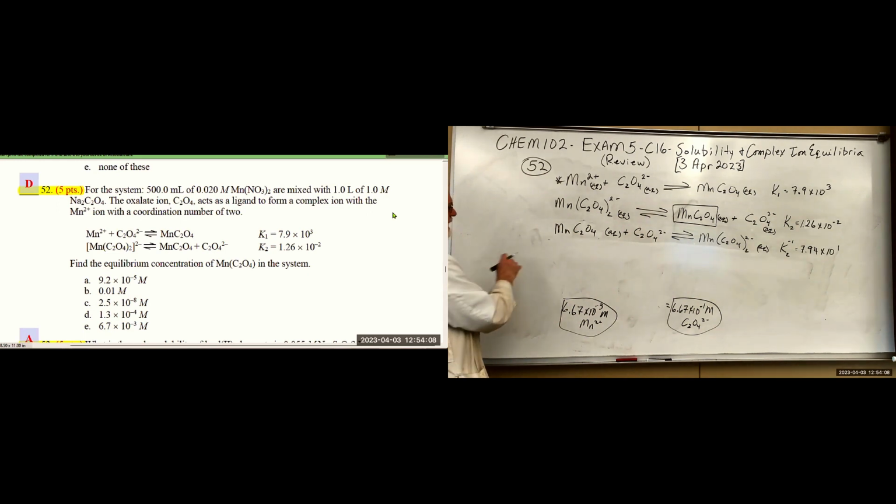Initially we had some manganese, but all the manganese now is gone. So the manganese concentration is 0. What is the oxalate concentration?